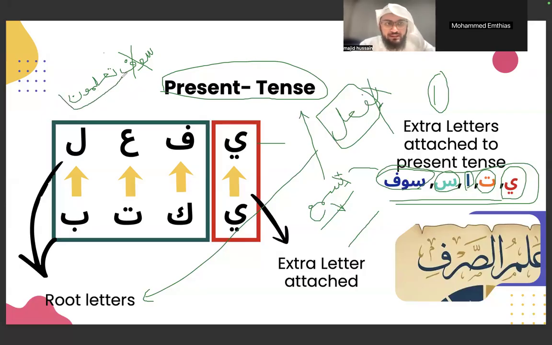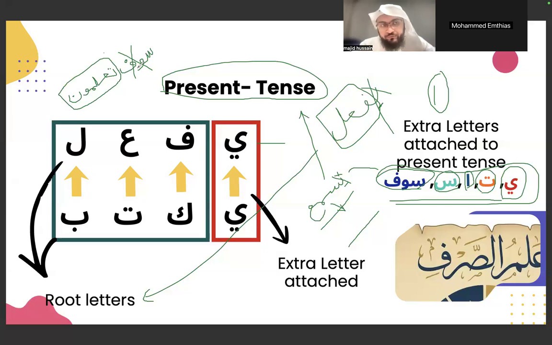I will consider this as a separate word, although they come together. But since I'm trying to find my root letters, like I'm doing an operation here, I have to remove sofa because it's not part of the original letters, and it is also written separately.